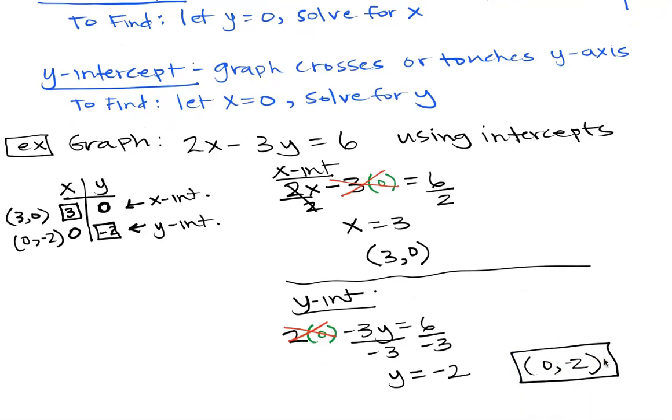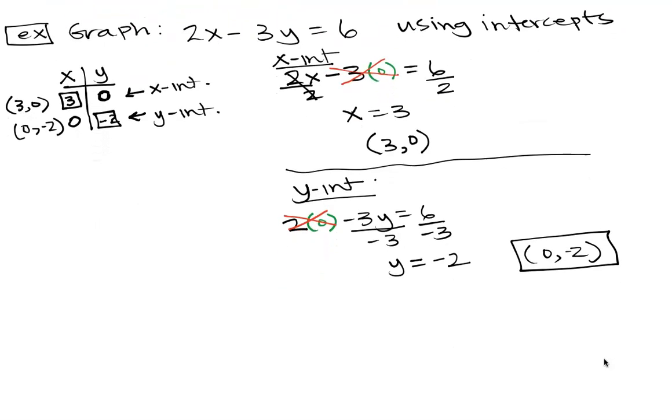Okay, so now we found those, but we haven't graphed it, which is what it wants us to do. So let's make a little grid over here, and then we'll graph these. I'm going to use blue on here.